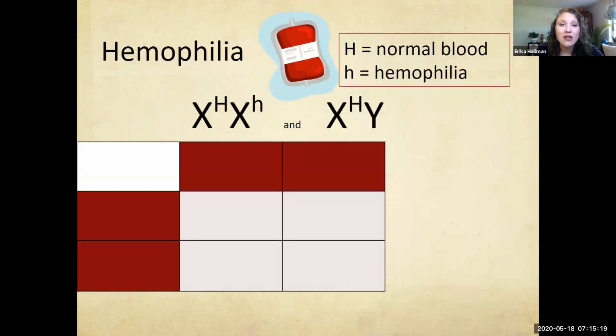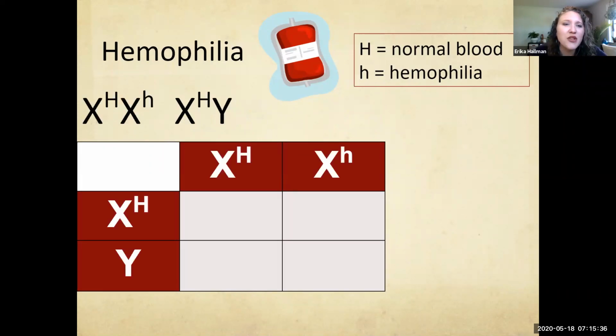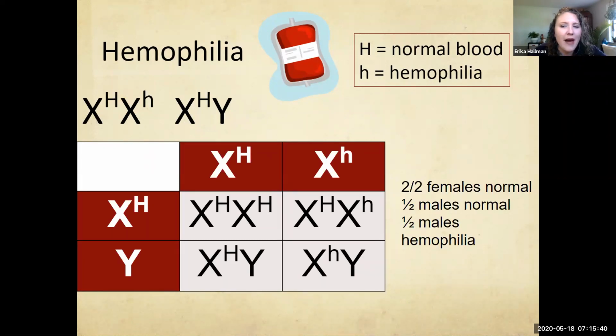And this is a sex-linked trait. So here we have an example of a female that is heterozygous for hemophilia and a male that is dominant for hemophilia. Now, hemophilia can affect males and females the same way. So it's not like male pattern baldness that only males are going to express it. Both males and females can. So let's put this cross into the Punnett square, and we can see that both females are going to be normal.